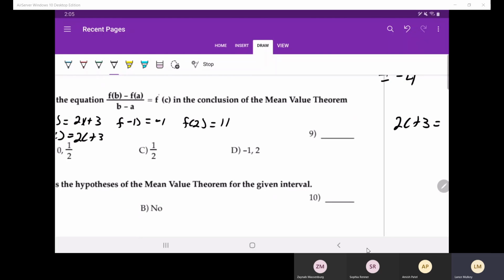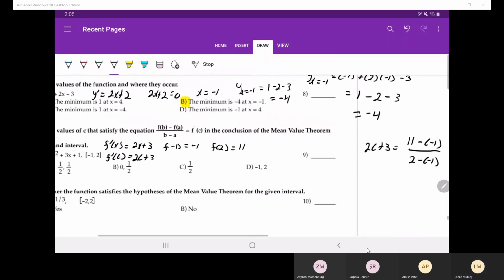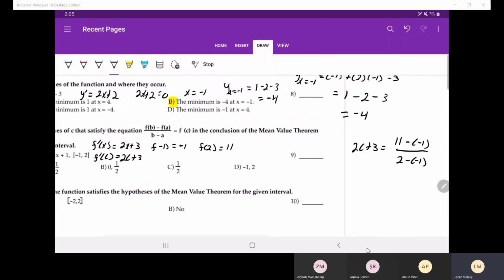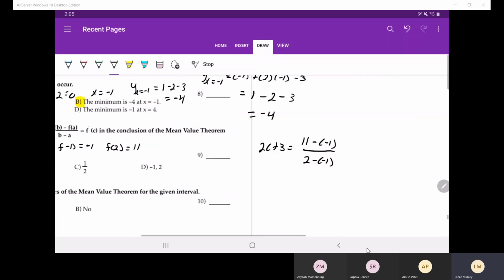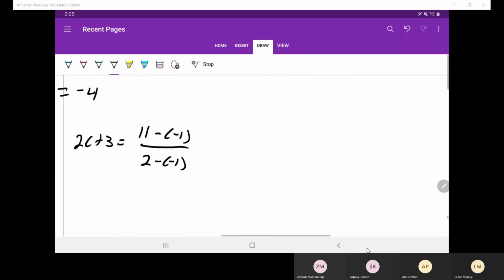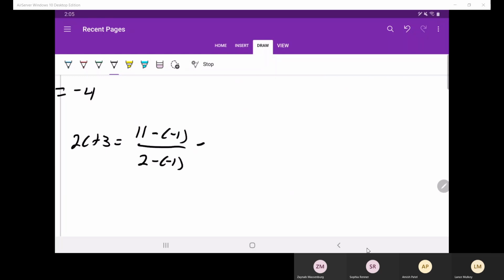So we have the function 2c plus 3 plugged in where f prime of c is, and where f of b, the farthest right, we plugged in f of 2 minus -1, which is what we got for f of -1, over b minus a, 2 minus -1. So you end up with 2c plus 3 equals 12 over 3, which equals 4.